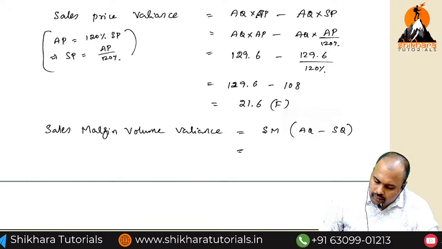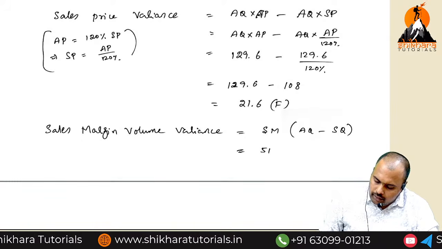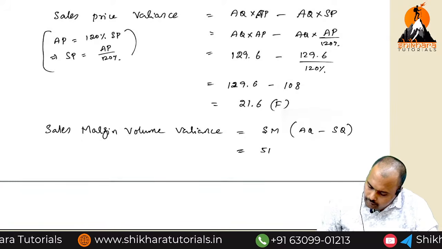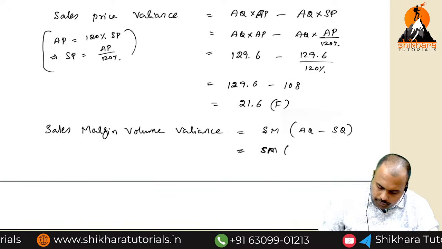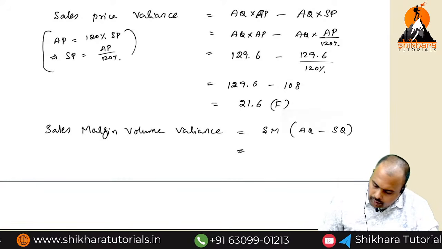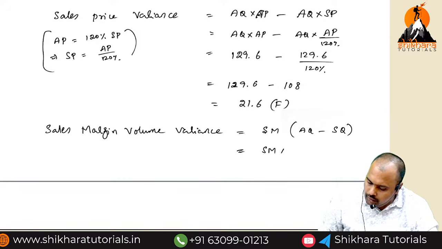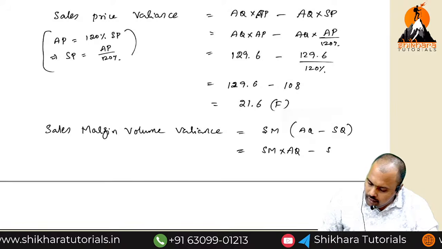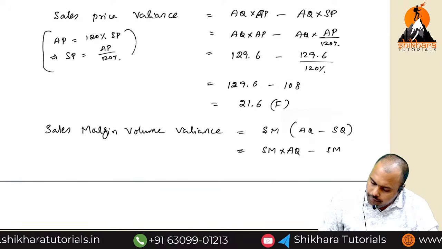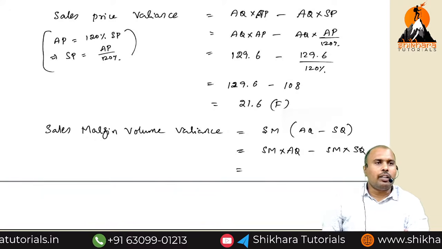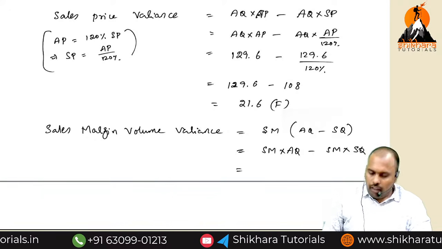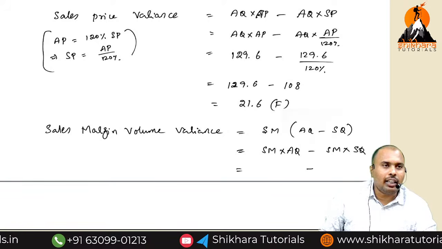That is, standard margin into actual quantity minus standard margin into standard quantity. What is standard margin into actual quantity? Or else first, what is standard margin into standard quantity?